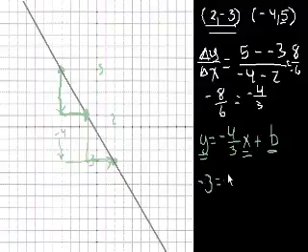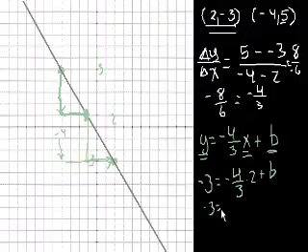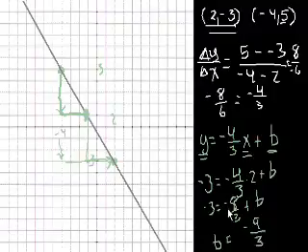Y, which is negative 3, equals minus 4 over 3 times x, which is 2, plus b. And then we get negative 3 equals negative 8 over 3 plus b. Negative 3 is equal to minus 9 over 3, and then I'm just going to put this on the other side, so that's plus 8 over 3.